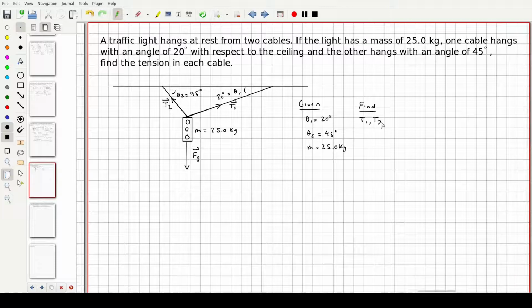T1 and T2. We already have the directions because of the angles and stuff, but you'll see that. There. So we have a picture, we have givens, we have what we're trying to find. The next thing we do is to draw a force diagram. I'm not happy with that y-axis.